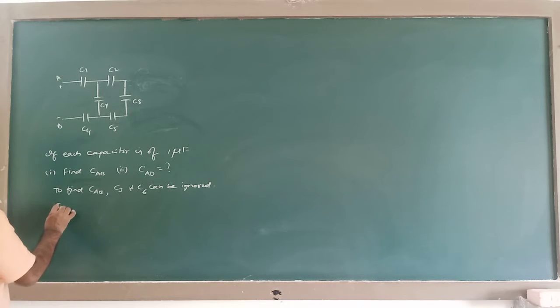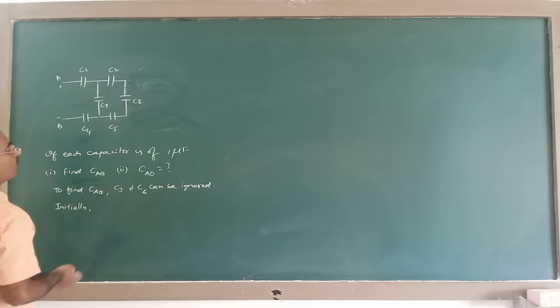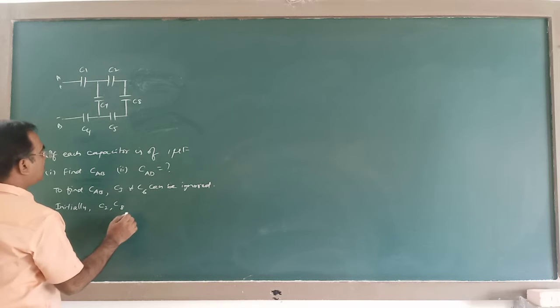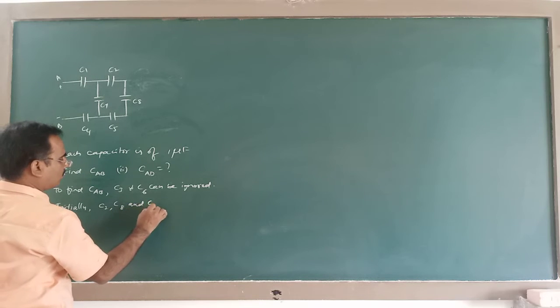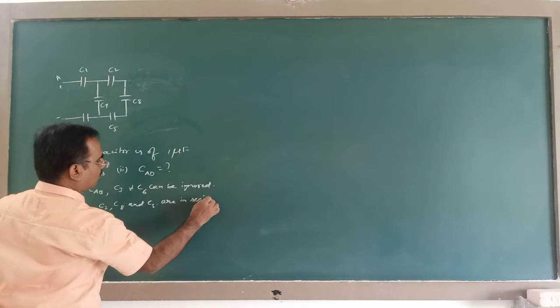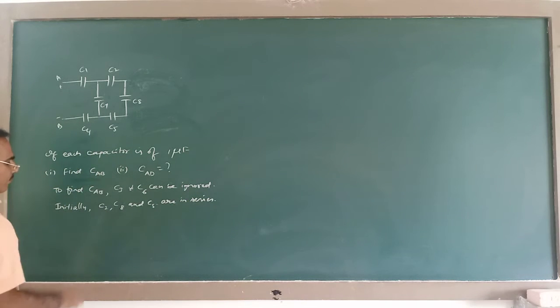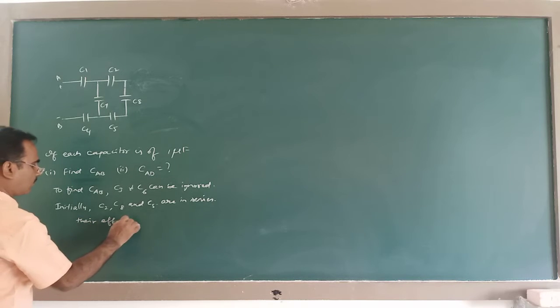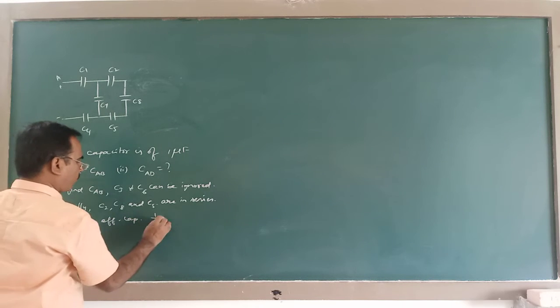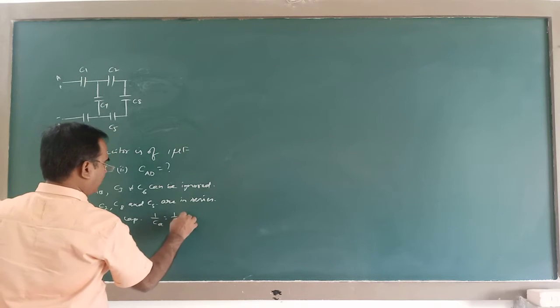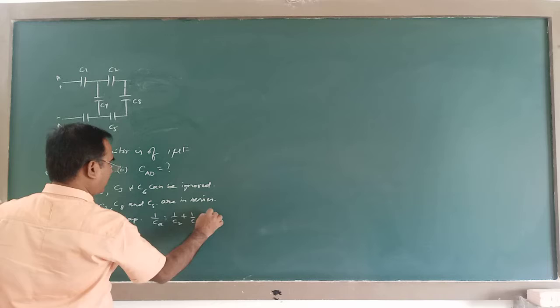So initially, C2, C8 and C5 are in series. Their effective capacitance, 1 by CA, is 1 by C2 plus 1 by C8 plus 1 by C5.